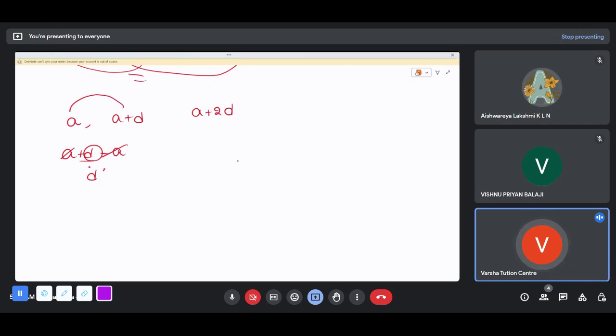Here also the difference will be D. Everywhere the difference will be D.